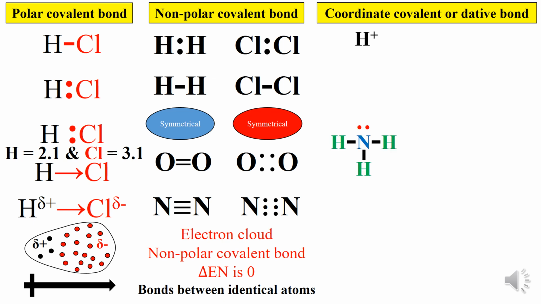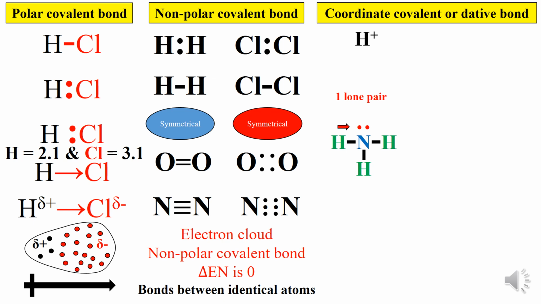Now in the ammonia molecule, you will find that the nitrogen atom is covalently bonded to 3 hydrogen atoms. And you will find one lone pair of non-bonding electrons on the nitrogen atom. And therefore, it acts as a Lewis base. That is to say, it is an electron-rich species, while the hydrogen ion is electron deficient because it has lost its only valence electron.